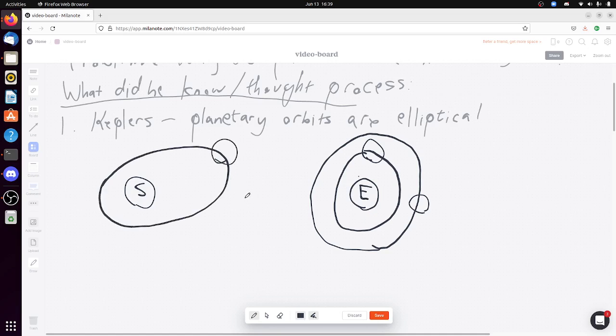This was known at the time, based on a series of very solid experimental observations over a long period of time. Every time they looked up at the night sky for decades or even hundreds of years, they noticed that you could predict where various planets were based on this elliptical model. And Newton knew about this at the time.